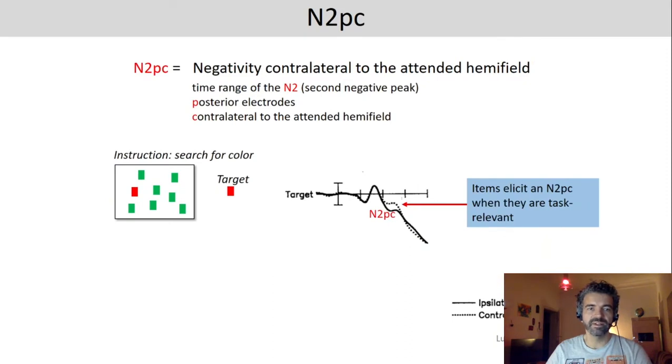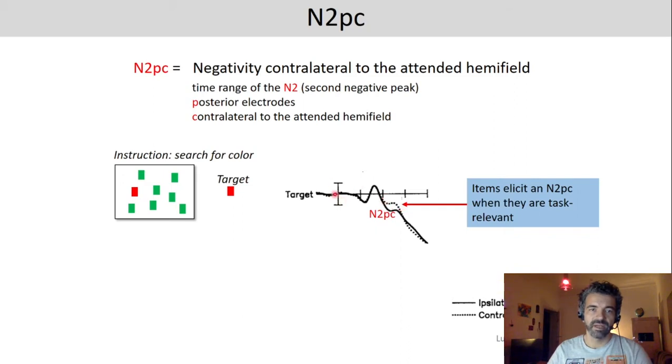So what did they find when they looked at the ERP as a response to the onset of that search display? What they found was that there was indeed a difference in the processing of the target between the ipsi and contralateral electrodes, namely the electrodes contralateral to the target, the dotted line here, was more negative than the electrodes ipsilateral to the target, the solid line.